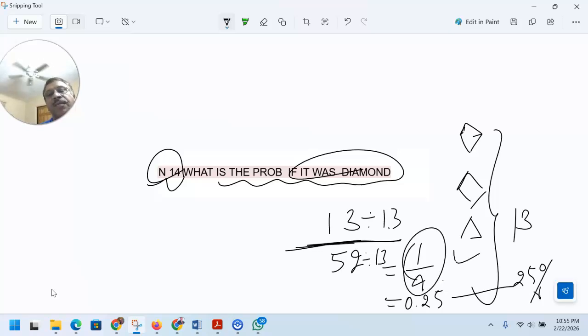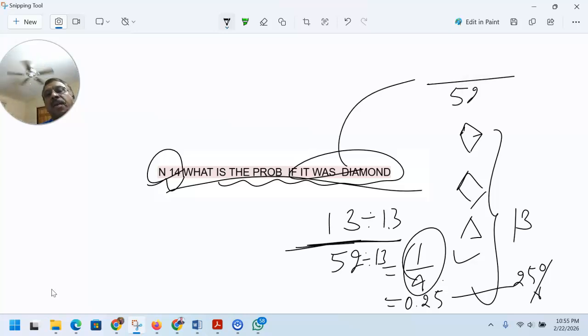But if you keep this, that's fine. I hope it makes sense. Or you could also write 52 cards and you're picking one card, and there are 13 diamonds, and from 13 diamonds you pick one. That also is correct.